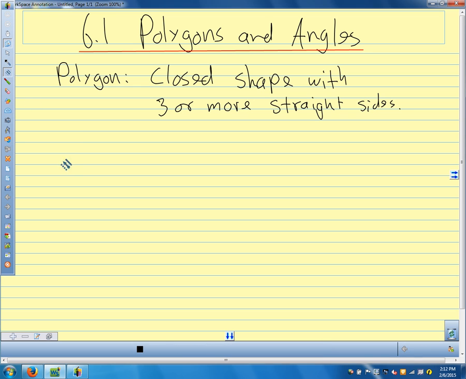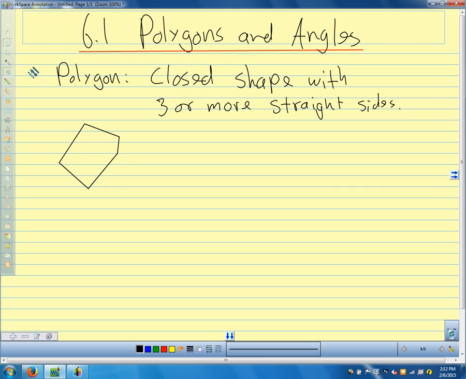And if we have all of our angles going out, so if our polygon looks like this, so all the angles go out, we call that a convex polygon.